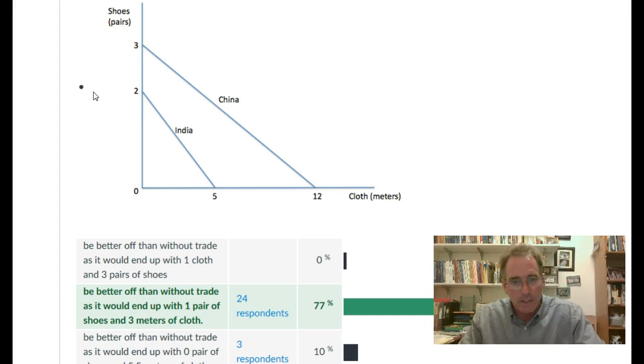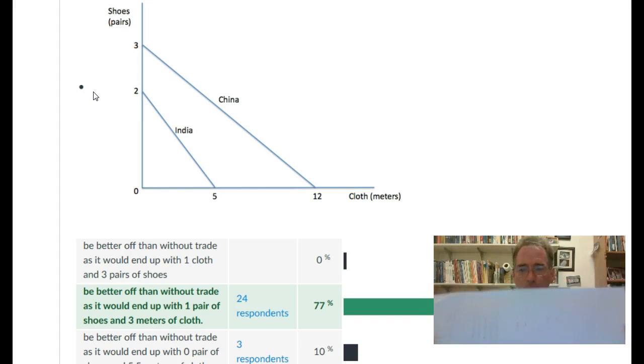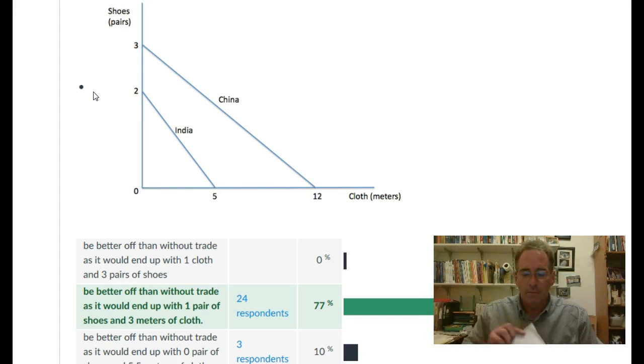For India, we know they could produce 2 shoes, or they could produce 5 clothing. So one way to do this is to write that out: 2 shoes equals 5 clothing. Then if I want to find the opportunity cost of either good, I make that 1.